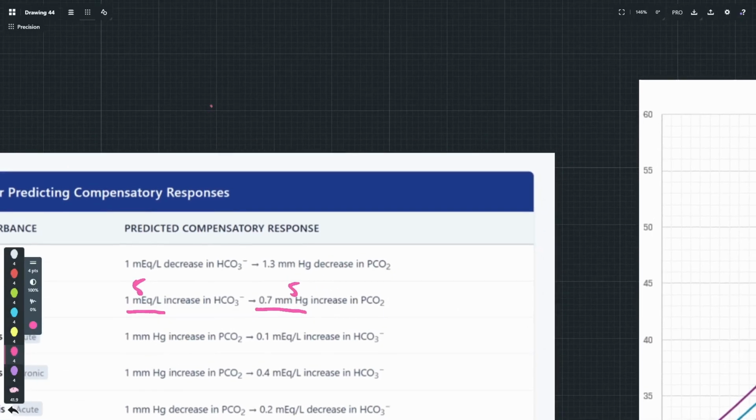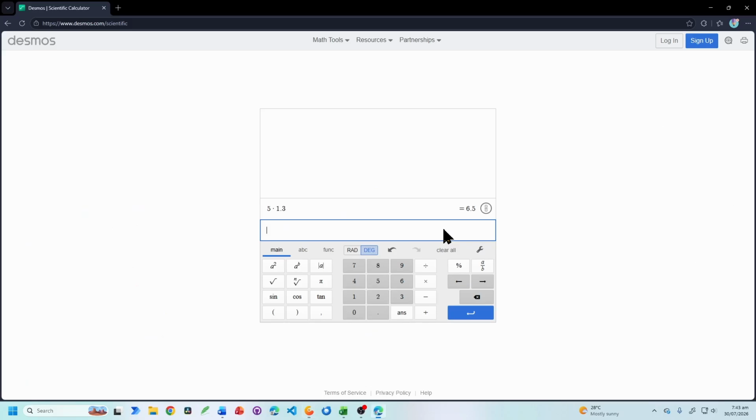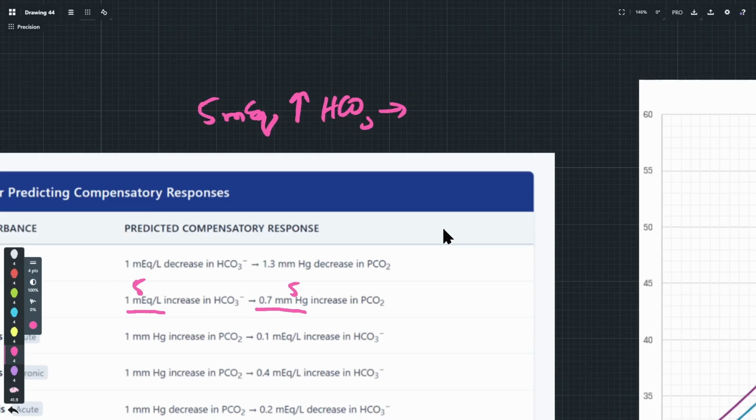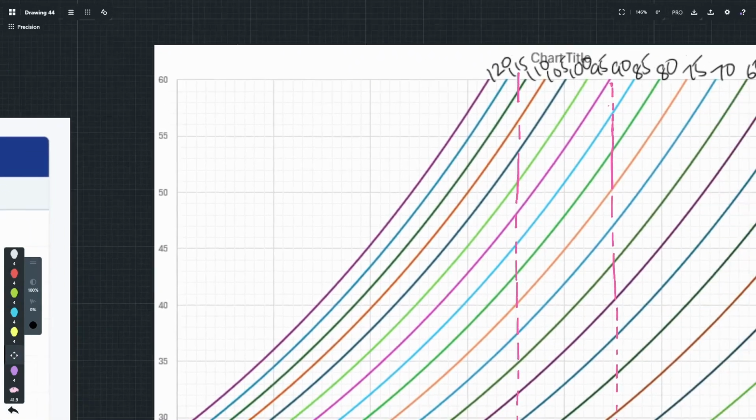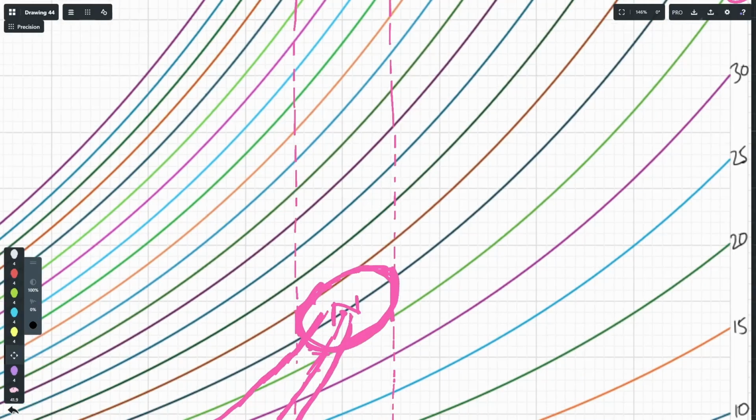So a 5 milliequivalent increase in HCO3 would be equal to 0.7 multiplied by 5, which is 3.5 mmHg rise in PCO2, and we can draw the graph with it.